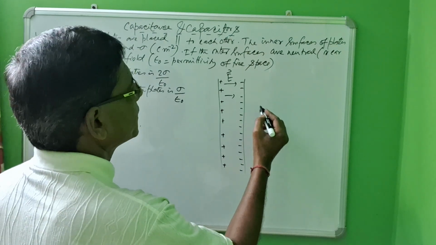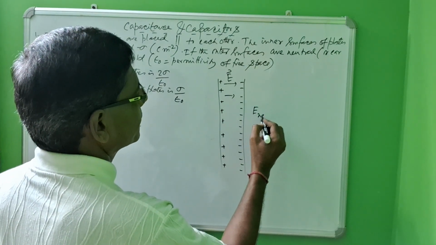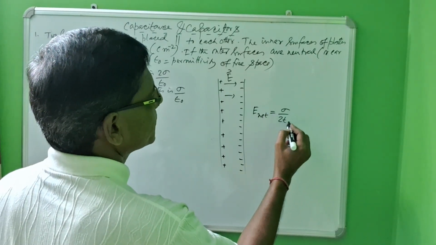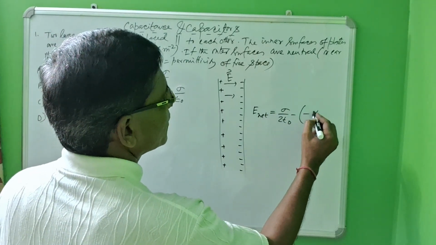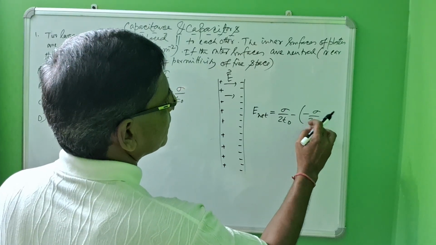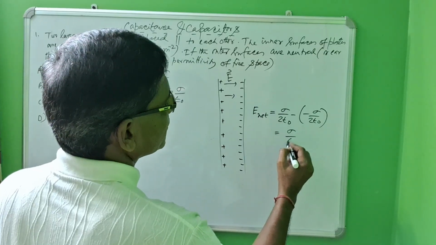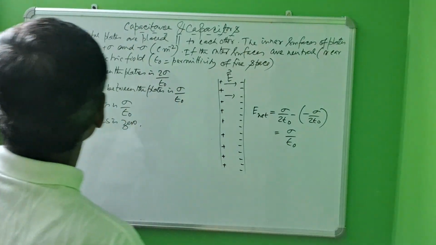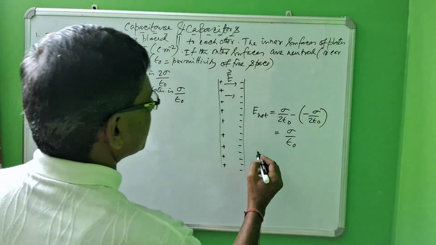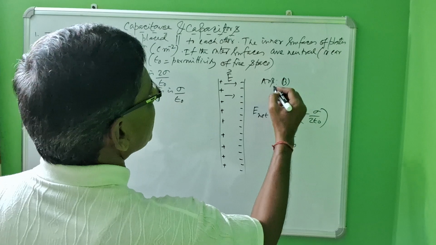So the resultant electric field E net equals sigma upon twice epsilon zero minus of minus sigma upon twice epsilon zero, which equals sigma upon epsilon zero. So answer B is a correct answer.